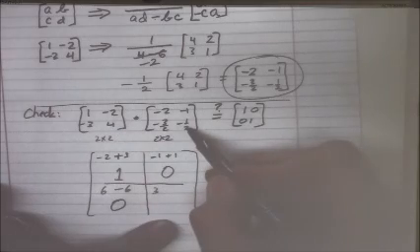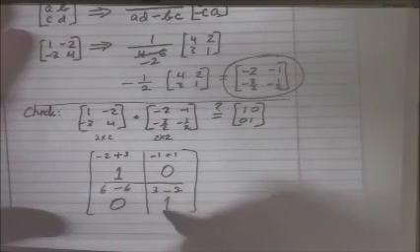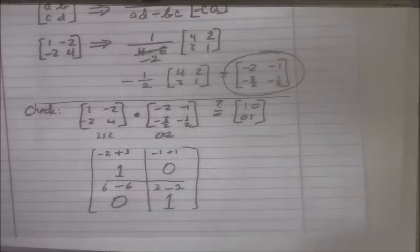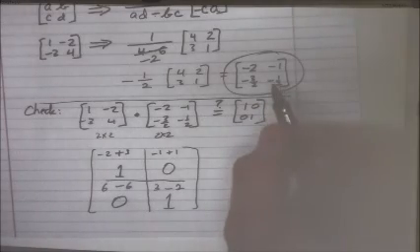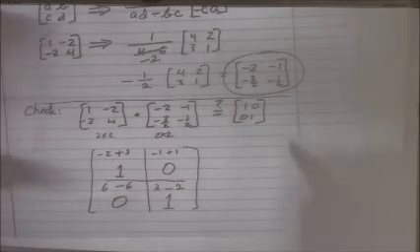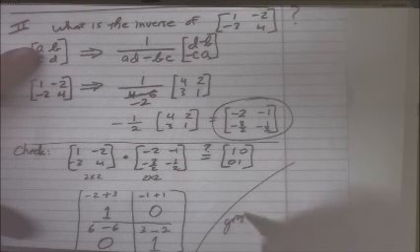And 4 times negative 1/2 becomes a negative, and 2 goes into 4 twice. So 3 take away 2 is 1. We get 1, 0, 0, 1, just like we're supposed to. That verifies that this is indeed the correct inverse for this matrix. Now, let's do it on the graphing calculator.